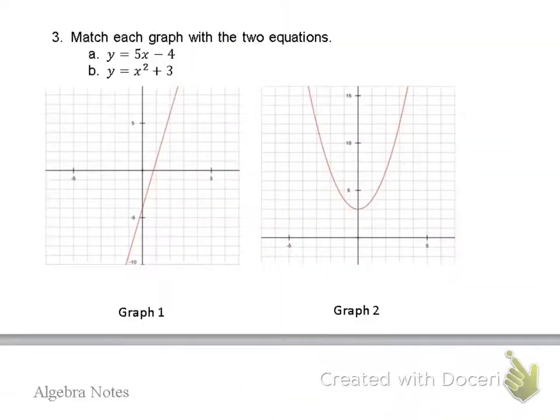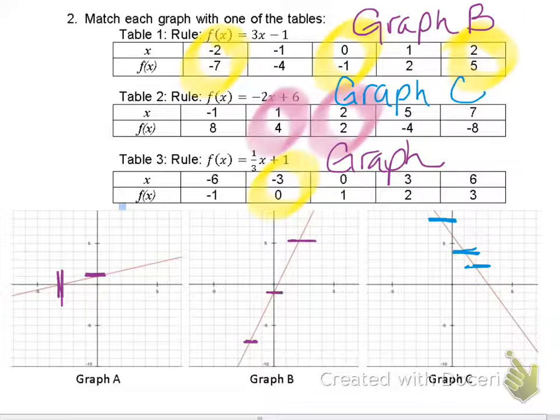The next example, we're going to match each graph with the two equations. Now if we go back to these other lines here, you can see that all of these functions have a coefficient with just an x.